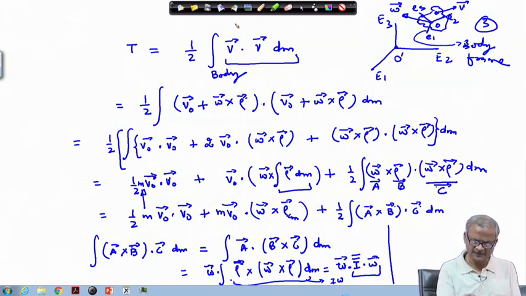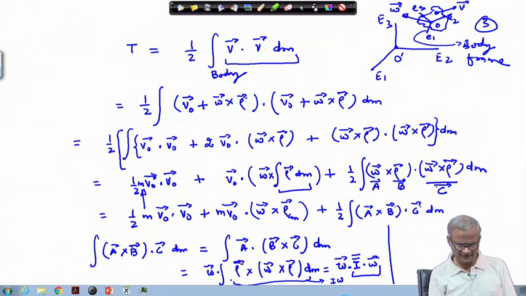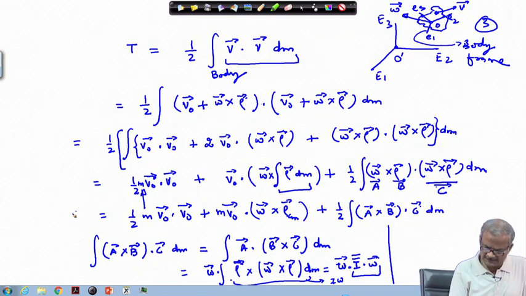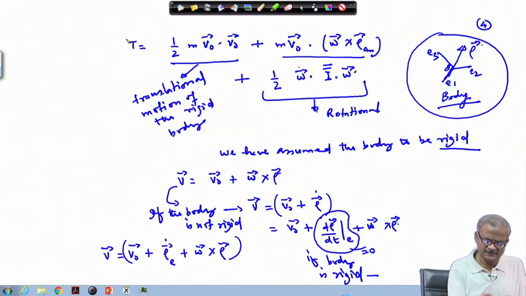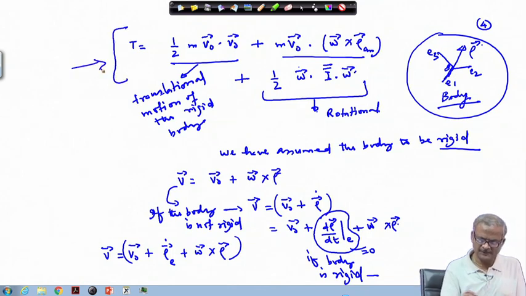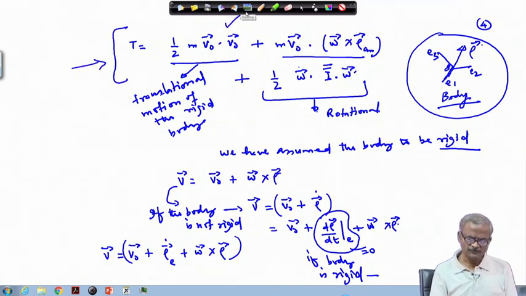But in this case, for the rigid body it can be solved easily, and the final result that we get is written here. This is your kinetic energy of the body. This is the translational kinetic energy, this is the rotational kinetic energy, and this is a coupling term which appears from the V 0 and because of the rotation.